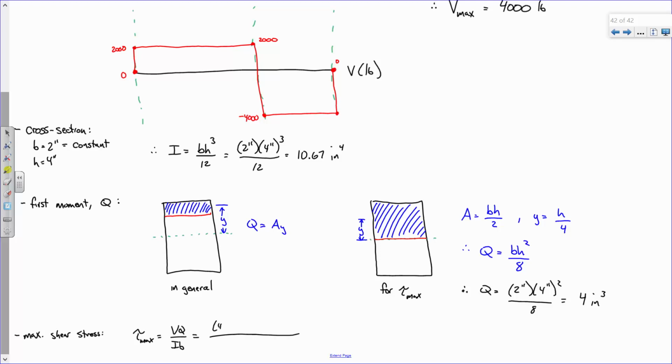So we've got 4,000 pounds. Q is 4 cubic inches. I is 10.67 inches to the 4th. B is 2 inches. What is tau max?